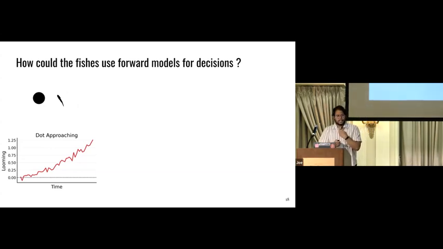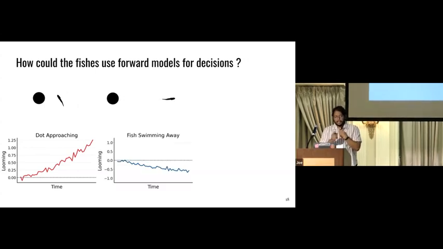But if the predator is stationary and you decide to move away from it, you would expect something like this. So let me be clear here. What I mean is this is the expectation of what you would see as you move away from a predator. If the predator is stationary and you move away from it, the angular size changes, and you expect a negative looming rate as you move.